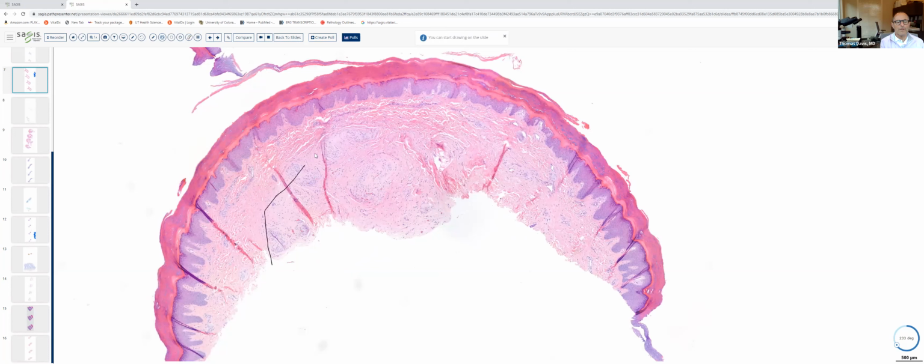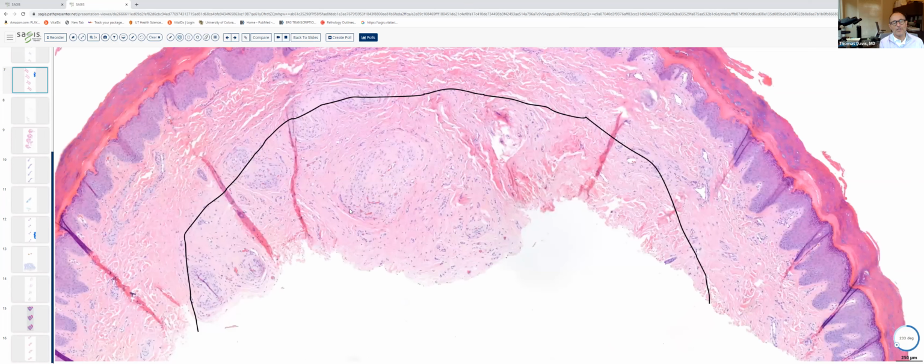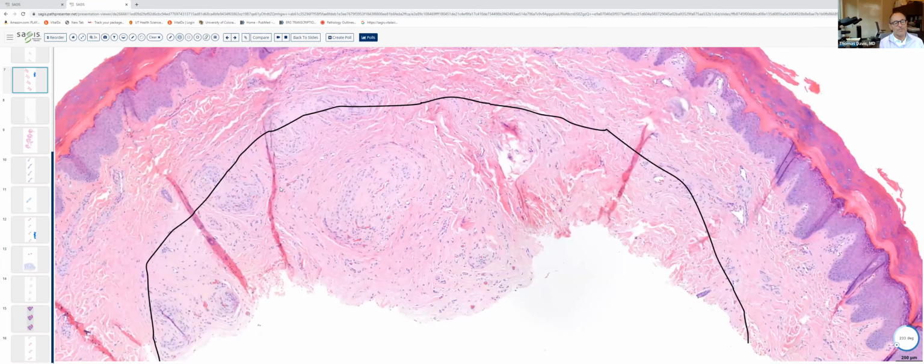I'm going to get my pen here. And you can see that we have a fairly well circumscribed neoplasm here in the dermis. It's not encapsulated, but kind of has a benign silhouette, the caveat being, of course, that it's partially transected. This is clearly a mesenchymal tumor. We don't see epithelial structures here.